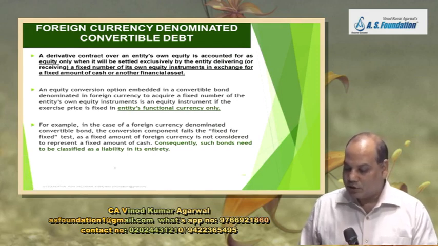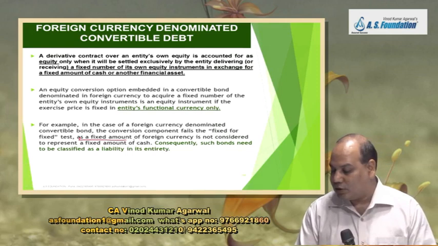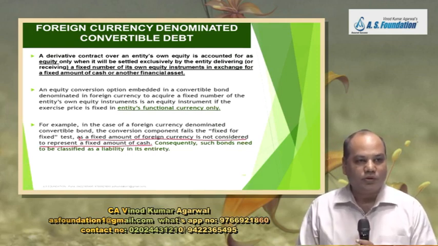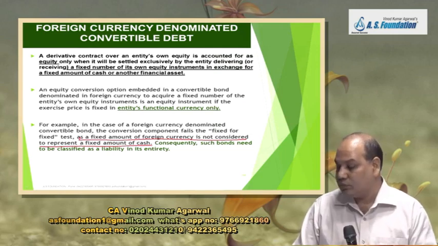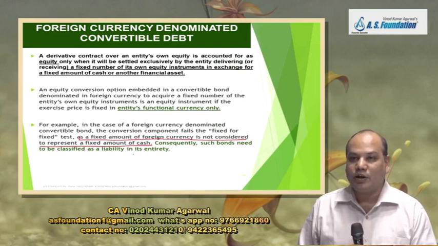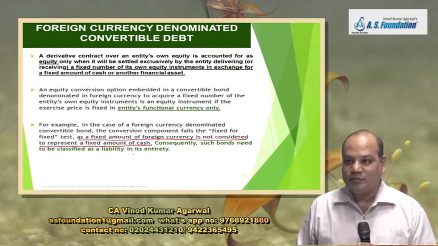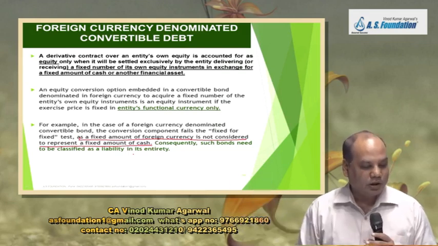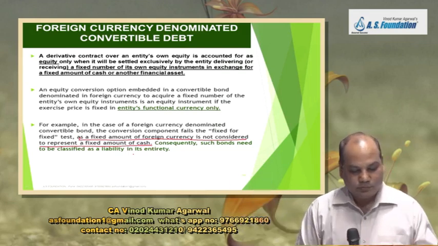So IAS has this view, Ind AS has a different view, and therefore your answer will change. Consequently, such bonds need to be classified as a liability in their entirety. Entirety means the conversion portion will also be treated as liability. Is it right?